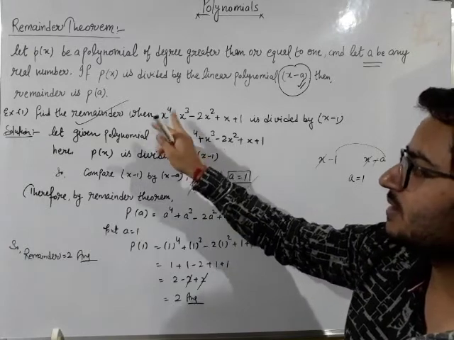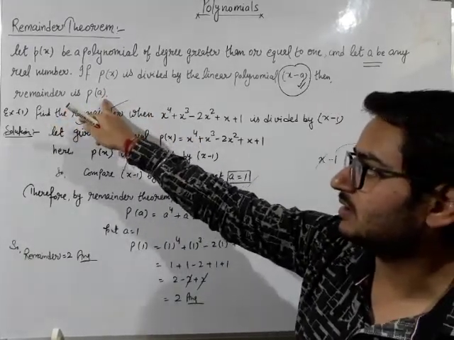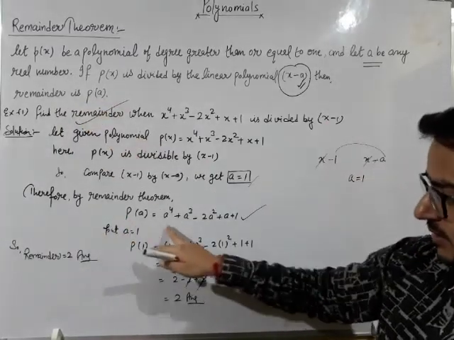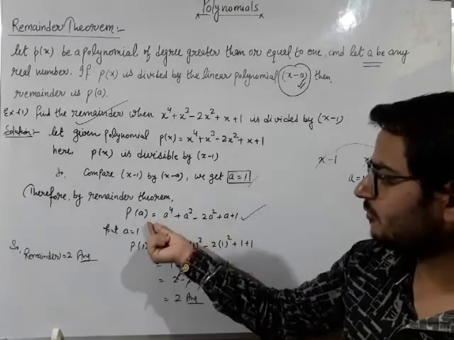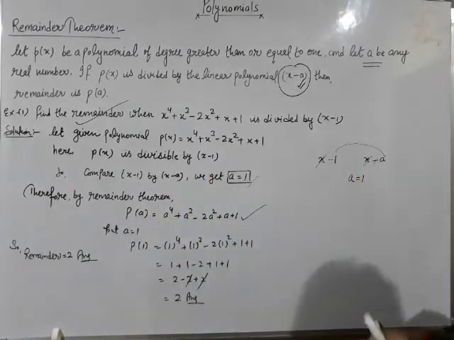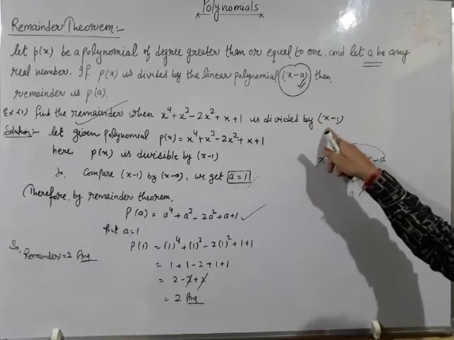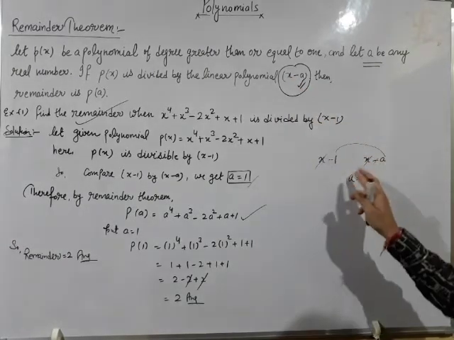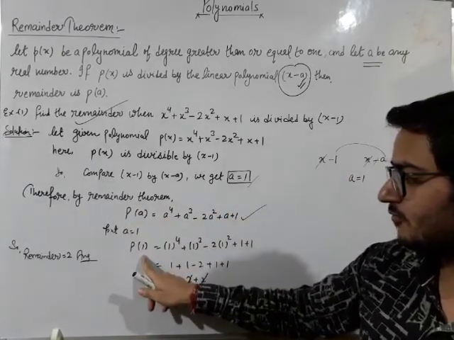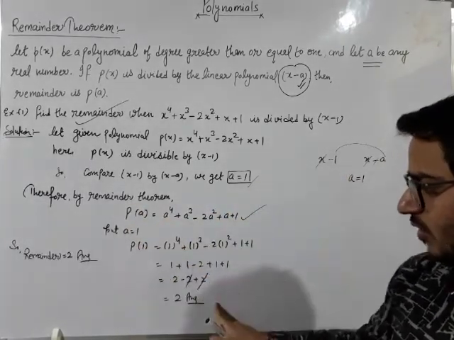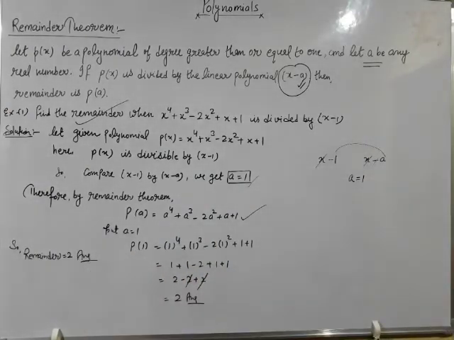Given polynomial will be replaced by P(a), because remainder is equal to P(a). So we have replaced x by a. Now we have to find the value of a. To find it, we take help of the linear polynomial x minus a. We compare it with x minus 1 and hence we get a is equal to 1. We put 1 in place of a and solve the given polynomial and find our remainder.